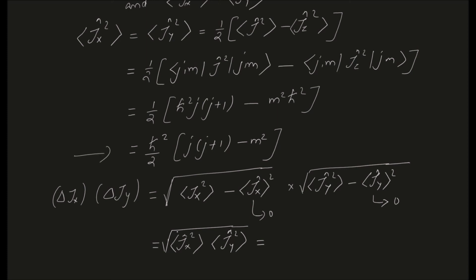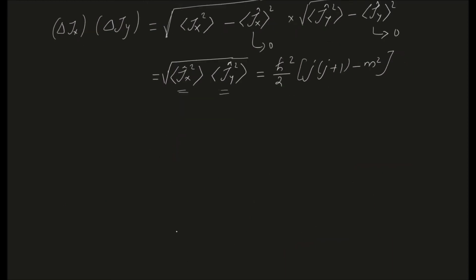So this will give us h cross square by 2 into j into j plus 1 minus m², because both these quantities are the same. So it's given by this product.